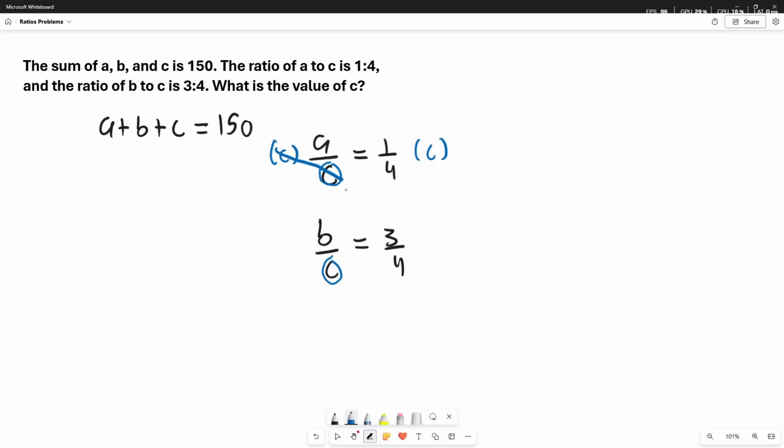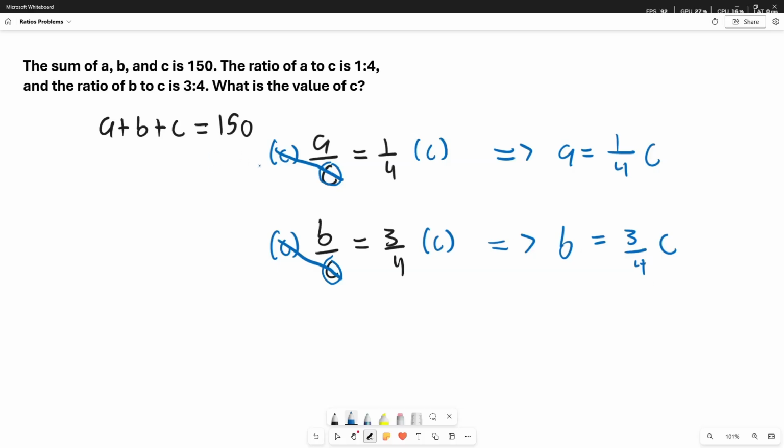So this cancels out, and we get A is equal to 1 over 4 times C. Likewise for B, if we multiply on this side to counter the division here, we have to multiply the other side as well, and we get B is equal to 3 over 4 times C.